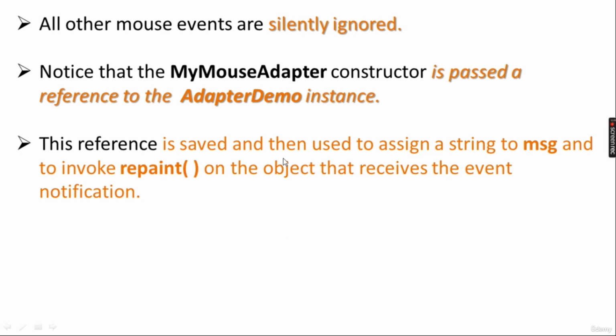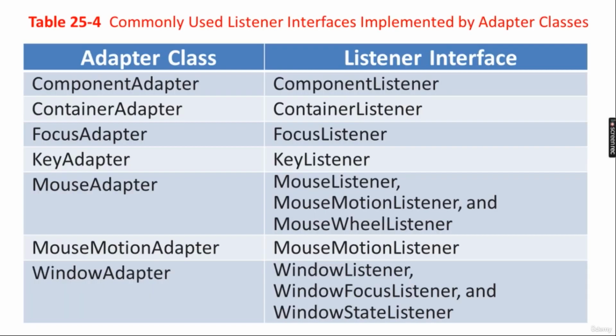This reference is then saved and used to assign a string to message and to invoke repaint on the object that receives the event notification. Okay, so the MyMouseAdapter constructor is passed a reference to the AdapterDemo instance. So we will see the example in detail.